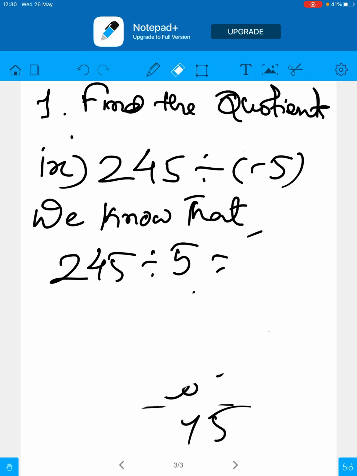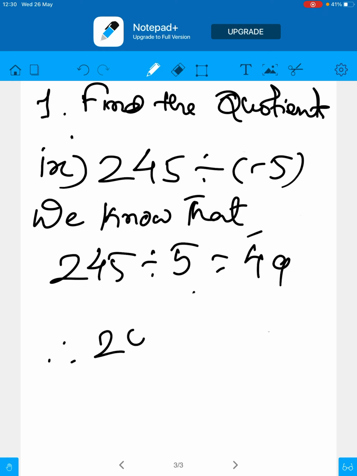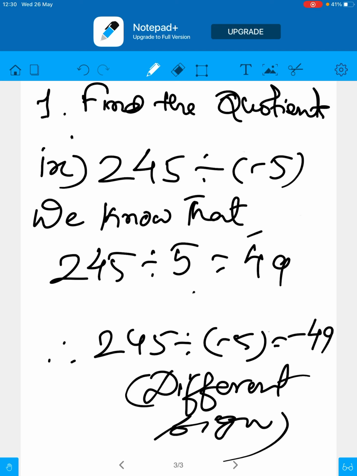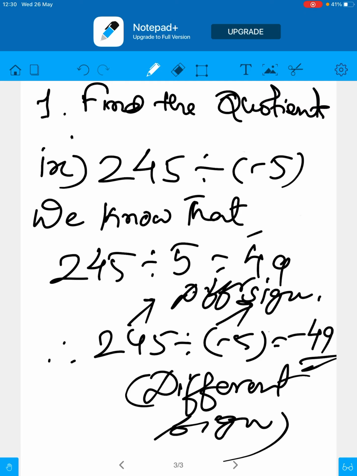You can do this division in the rough. So it is equal to 49. Therefore, 245 divided by minus 5 is equal to minus 49. Why? Different sign. Here the dividend and the divisor are of different sign, and that is why the quotient is negative.